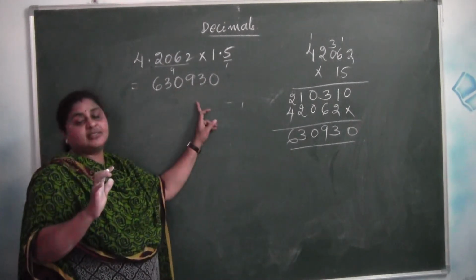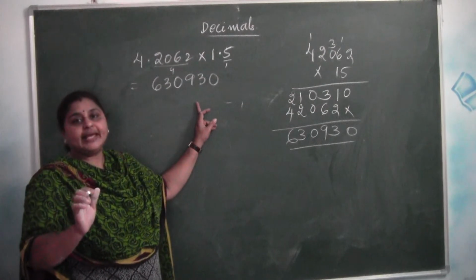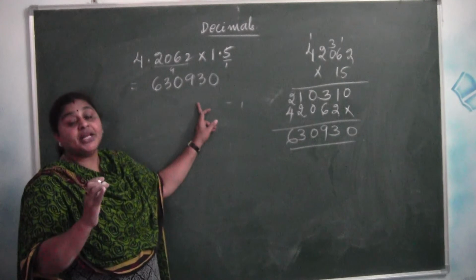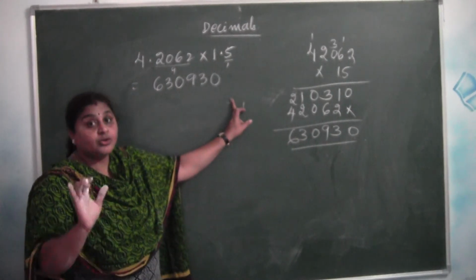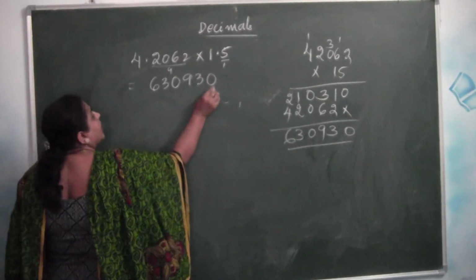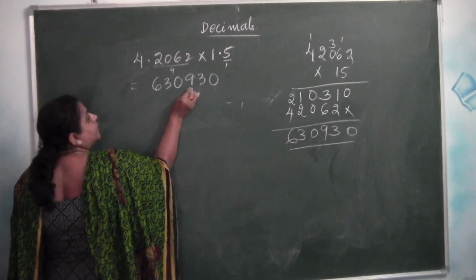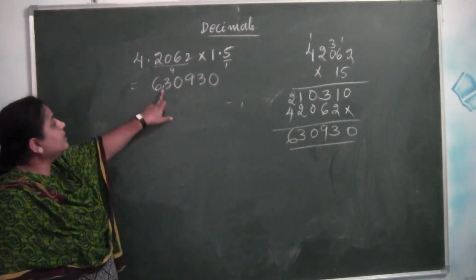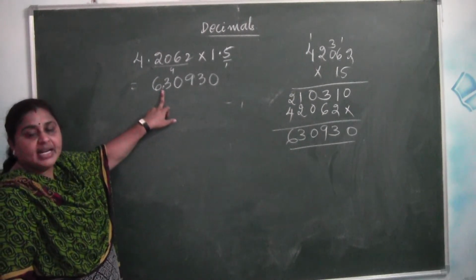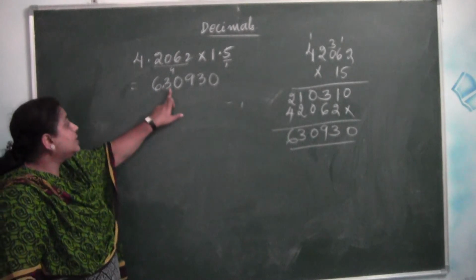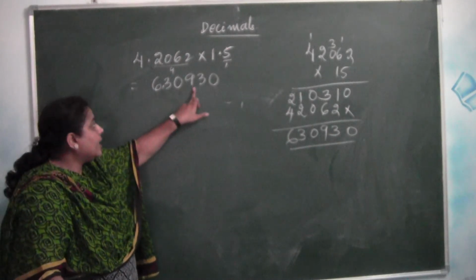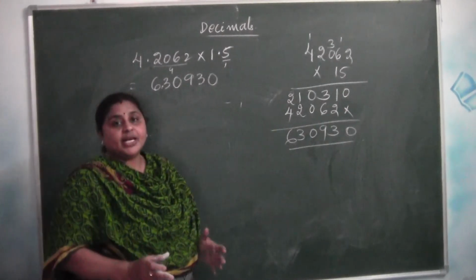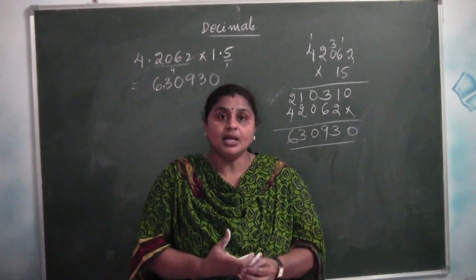Now to the final answer, you have to place the decimal before 5 digits, counting from the last, not from the beginning. Now 1 2 3 4 5. So you are placing the decimal over here. So what is the final answer? 6.3093. This is multiplication of two decimal numbers.